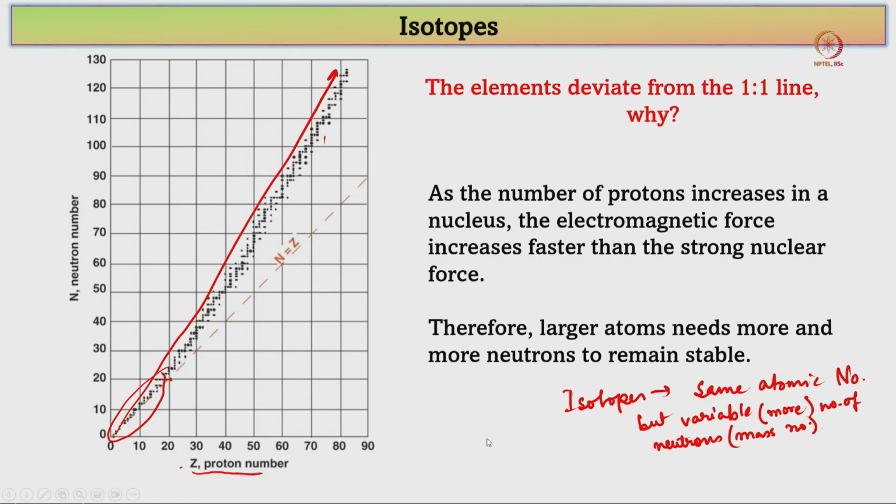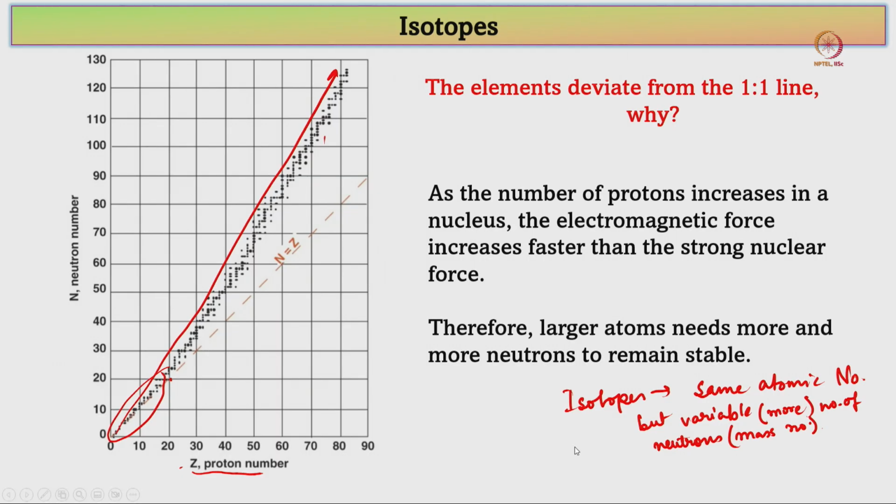But after that atomic number, we start forming elements with more number of neutrons in the nucleus than protons. As the atomic number increases, we need more and more neutrons as well. Okay.